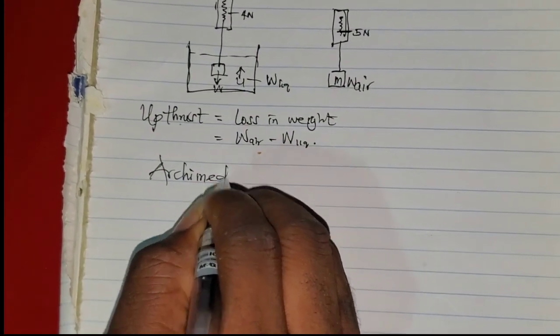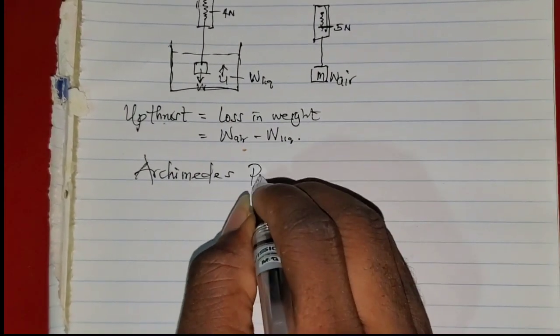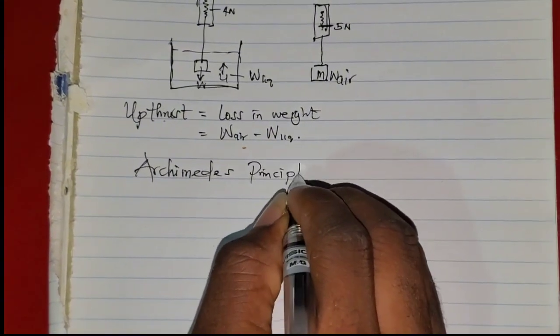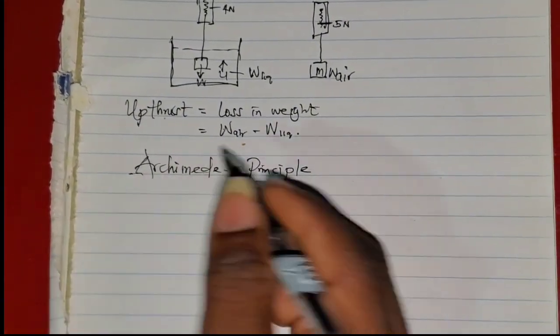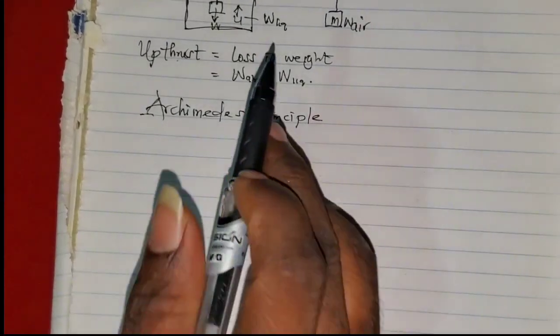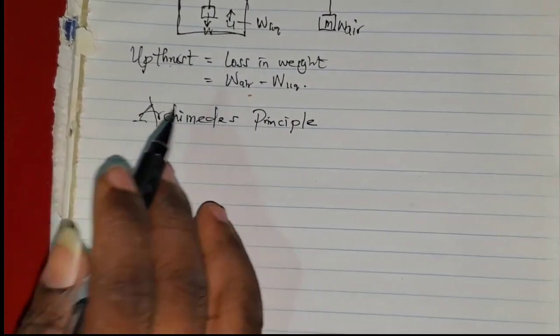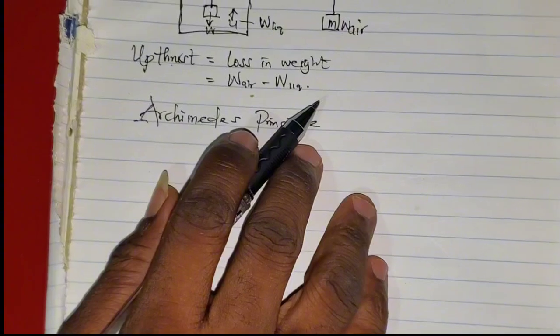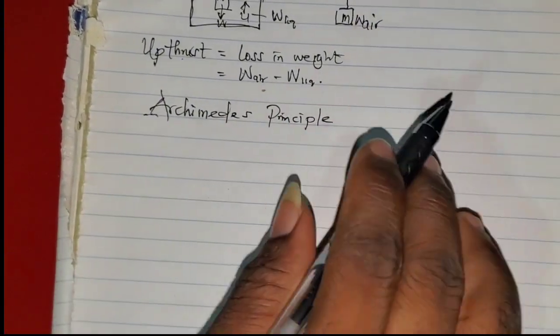There's this man Archimedes. Archimedes talked about when a body is partially or totally immersed in a fluid, it experiences an upthrust, which is equal to the weight of the fluid it displaces.